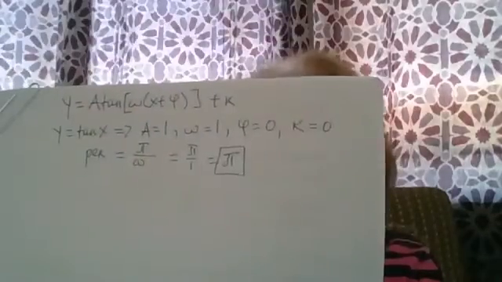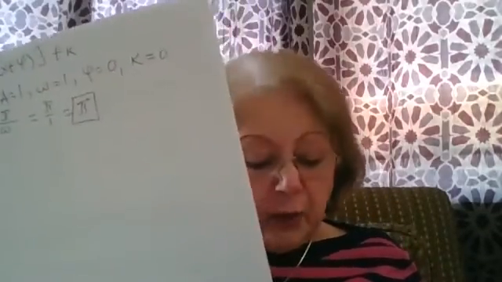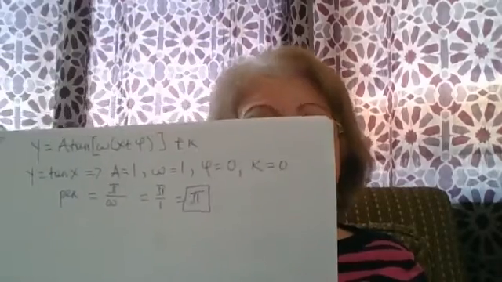So the period is pi. There will be no vertical shift and no phase shift. This is why I'm going to write phase shift, none. Here, vertical shift, none.